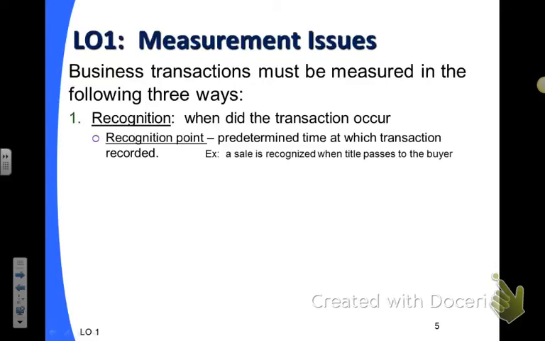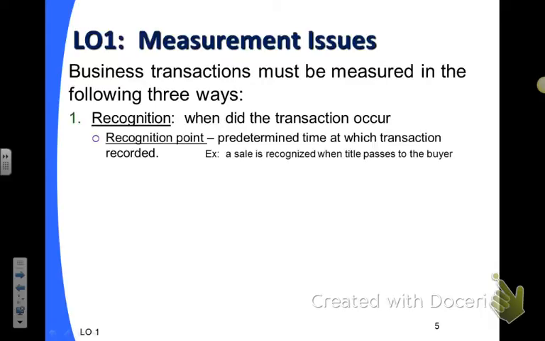Then, once Office Max actually ships that desk to me, that's when we actually have an economic event. That's when the title passes from them to us. Then I have to recognize that economic event as an acquisition of an asset.